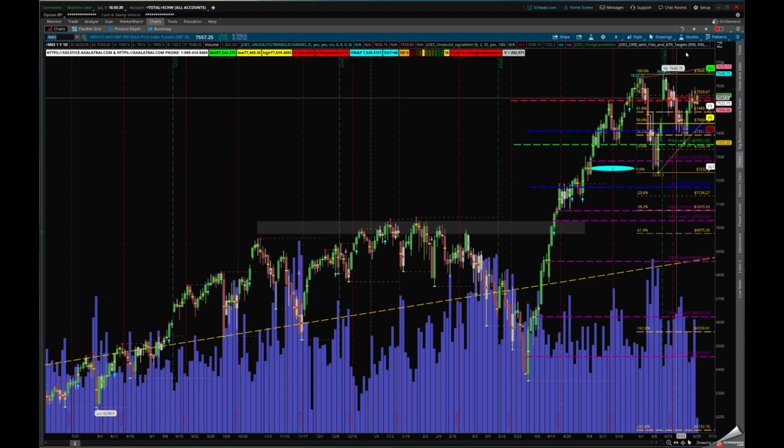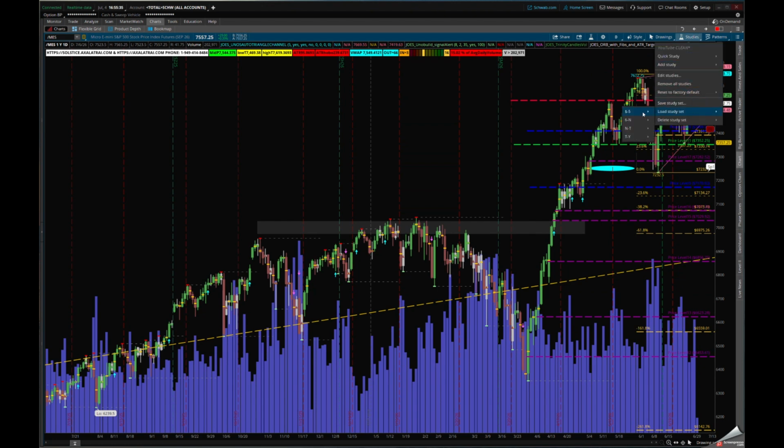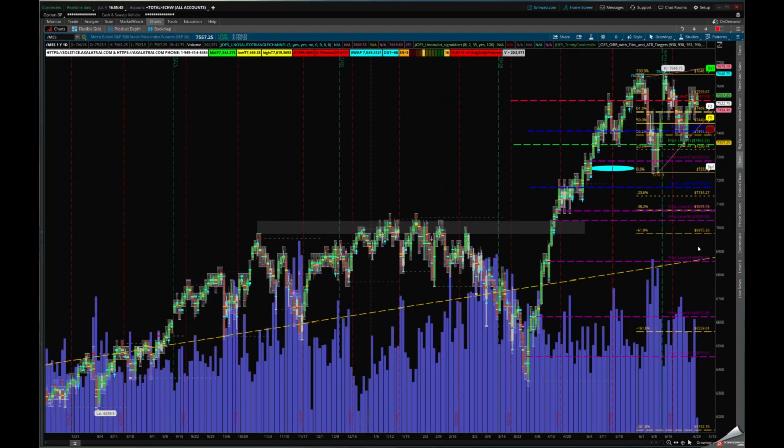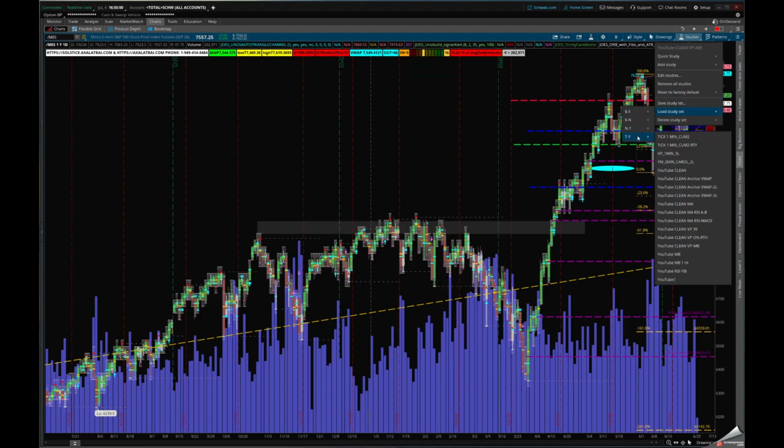So let's take a look here in the style. I'm going to show you different ways to look at it. I'm going to load the volume profile on the chart, which is showing me monkey bars. This is a clean chart giving me an overall view. Hold on, style. Sorry. We'll load it to the shorter time frame. Just go monkey bars.